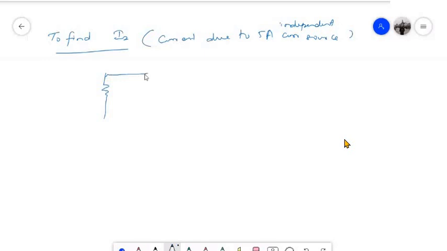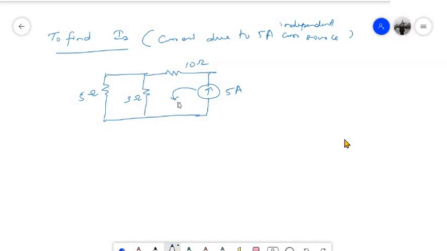Since I have short circuited the voltage source, here I will have this 5 ohm resistance and this 3 ohm resistance. Now you can very easily use the current division rule, because the same current 5A will also reach here through this 10 ohm resistance, and then at this point it gets divided.